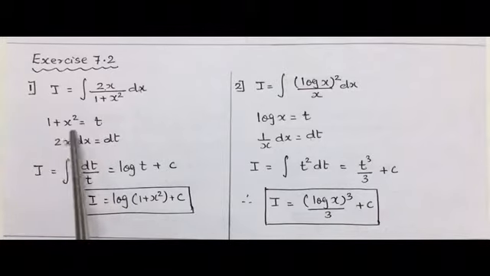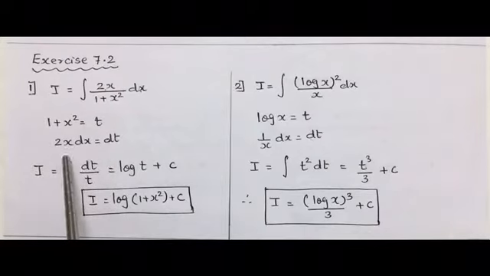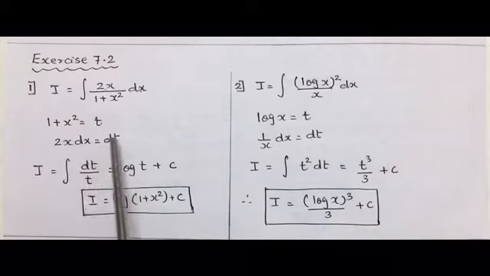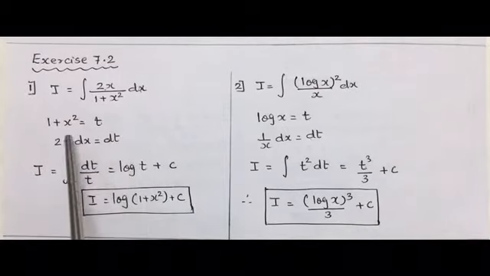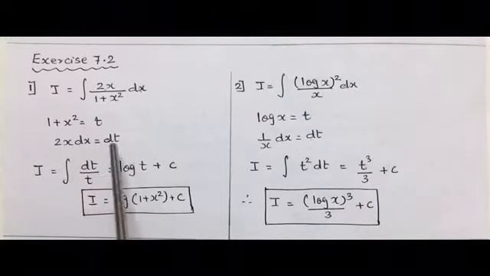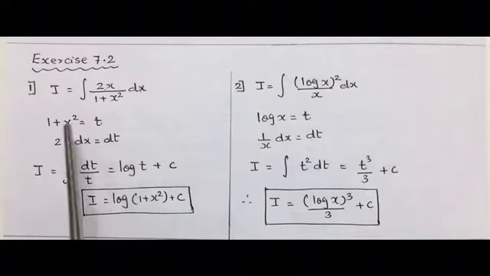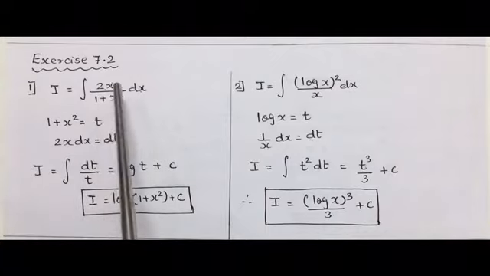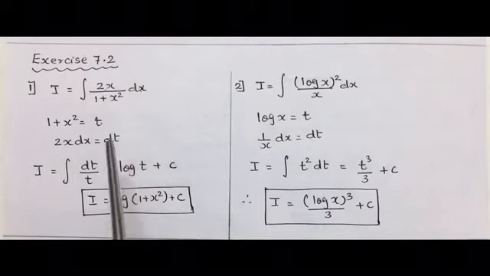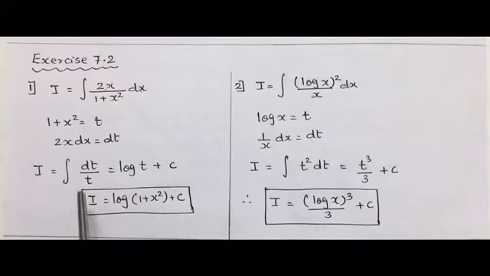Now if we assume 1 plus x square equal to t, then the derivative of 1 plus x square becomes 2x dx, and the derivative of t is dt. So instead of writing dx by dt, we directly multiply both sides. Towards x we write dx and towards t we write dt. Putting all these values in the example, 2x dx is dt, 1 plus x square is t, so we get the integration dt upon t.